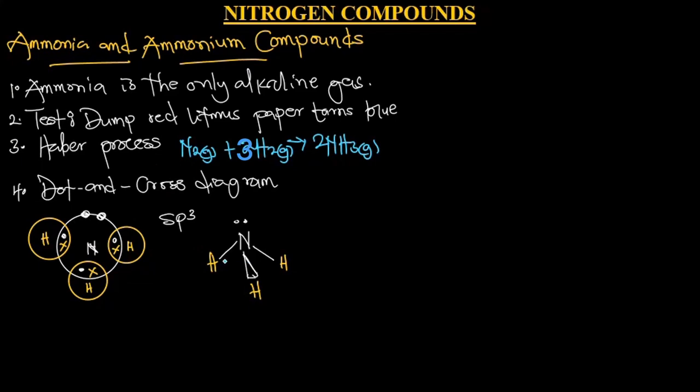So if you picture this, this is like a trigonal base, and then the nitrogen is pointing up. So we describe this as trigonal pyramidal. That is the geometry we see in ammonia.